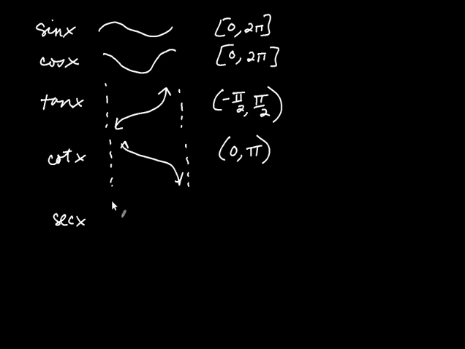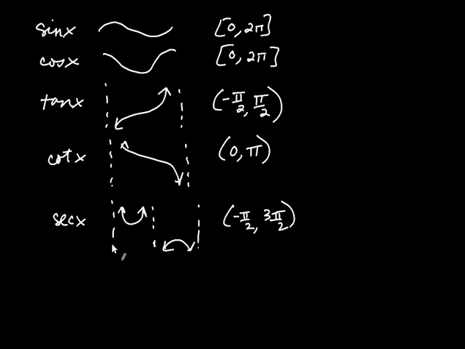Secant has an asymptote on the left, an asymptote on the right, but also an asymptote in the middle. It's going to have what I'm calling a little up cup and also a little down cup, and we're going to be graphing that from negative pi over 2 to 3 pi over 2.